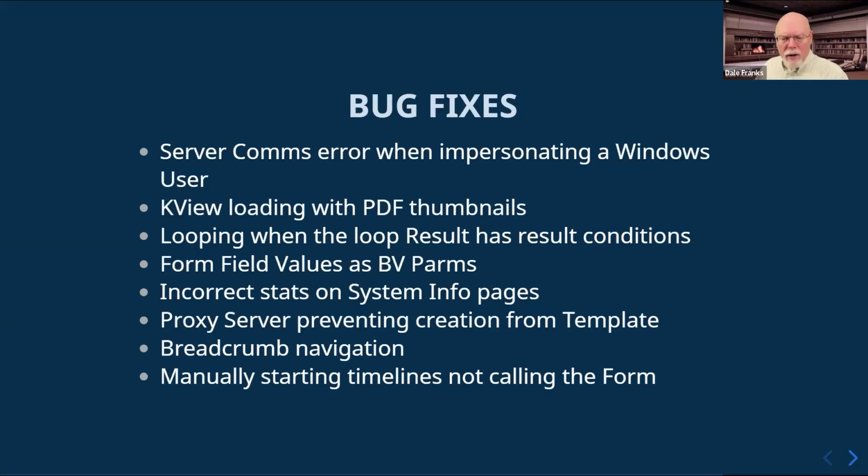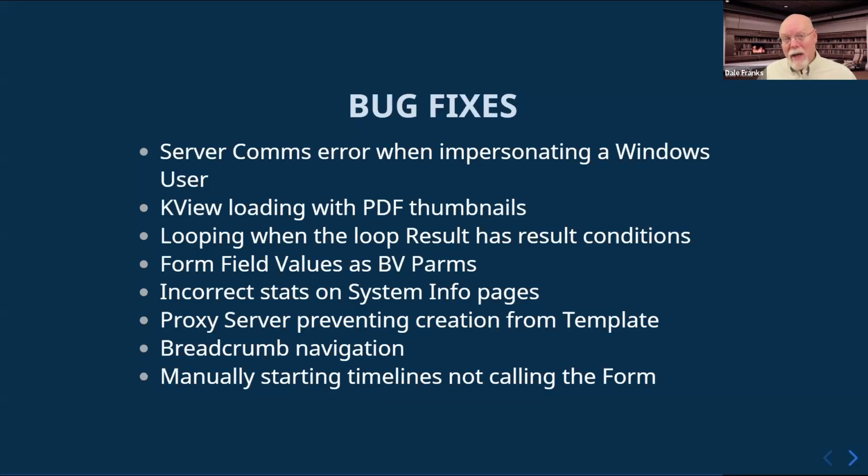Another weird little issue, if you have a looping segment in your process timeline, and so let's say I have a resubmit button. So you want to restart the loop if any child result equals resubmit. Not just a normal condition.